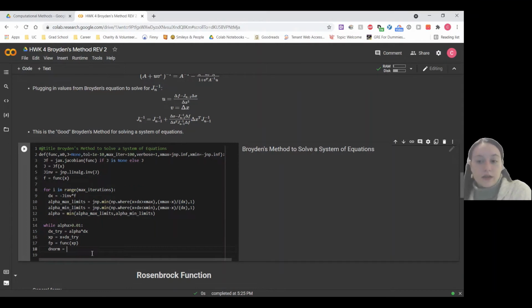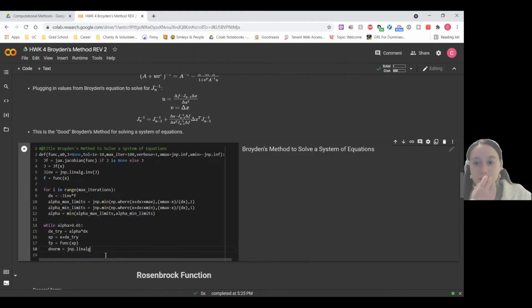We have our fp, that's going to be a vector, and then we have our value of f, which is a vector. When we have a norm of a vector, that's the magnitude of the vector. D norm, we're saying, will be the difference between the norms of two vectors.